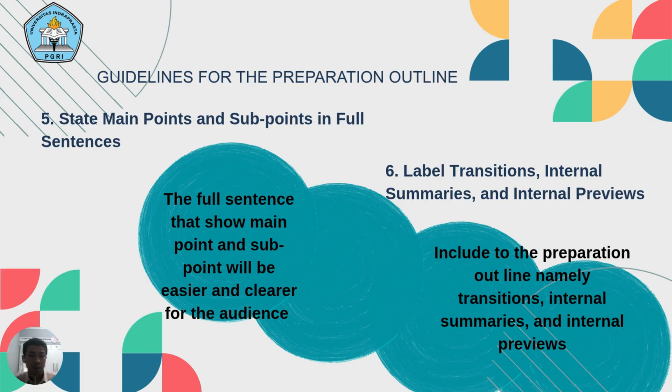You may not only mention the main point or subpoint in abbreviation. It will be clearer and easier for the audience to understand if you mention the full sentence of the main point, also the subpoint.